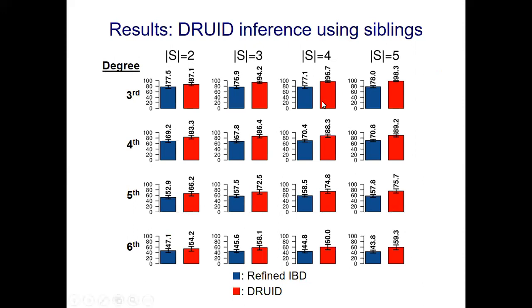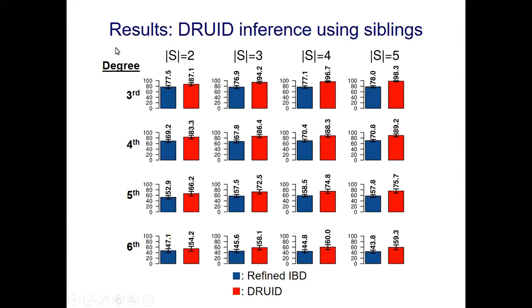And what we're comparing to is a method that I'm calling refined IBD. This is just based on the coefficient of relatedness from the previous slide, where we tally the IBD regions between each sibling and the distant relative D, and then we average the proportion of individuals that are inferred to have the given degree of relatedness to that person.